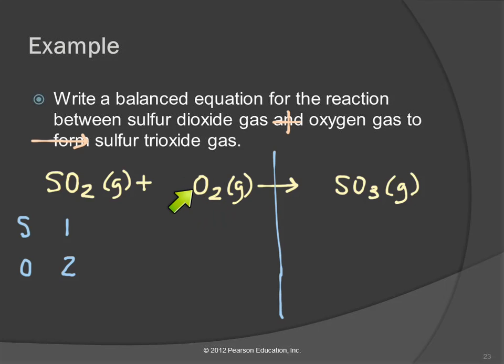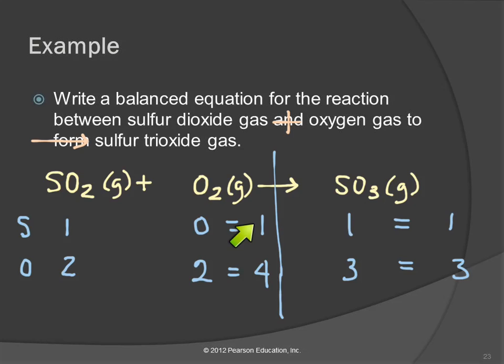In the O2, there's no sulfur, so I'll write a 0 in that row, and there's 2 oxygens. So if I total those things up here, on the left side I've got 1 sulfur and 4 oxygens. On the right side, I have SO3. That has 1 sulfur atom and 3 oxygens. So a total of 1 and 3.